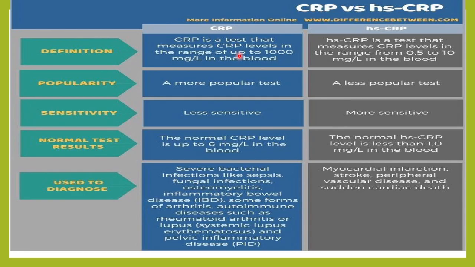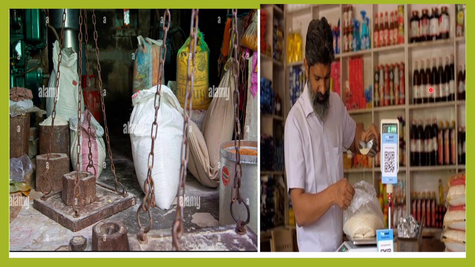Whereas hs-CRP measures the CRP level in the range from 0.5 to 1. That small amount hs-CRP measures. So hs-CRP will measure a very small rise, 0.5 to 1, whereas CRP is going to measure large quantities from 1 to 1000 milligram per liter.